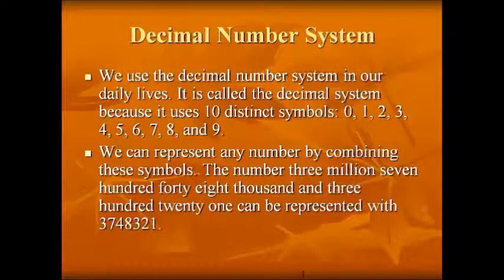So we can represent any number by combining these symbols. The number 3,748,321 can be represented with 3748321. So the decimal number system is the number system that we use daily. Okay?